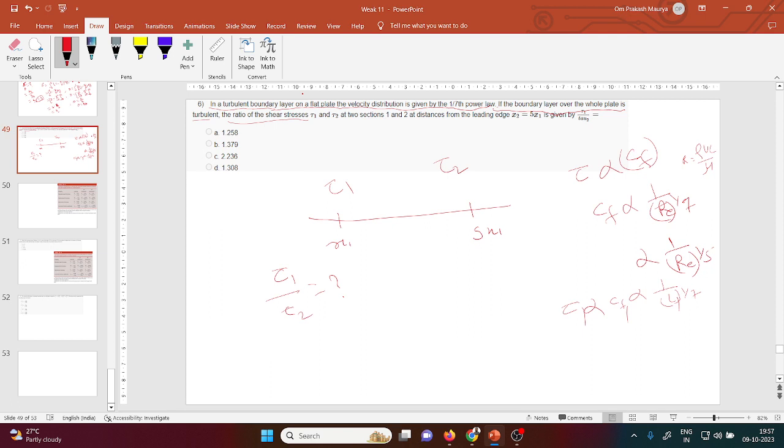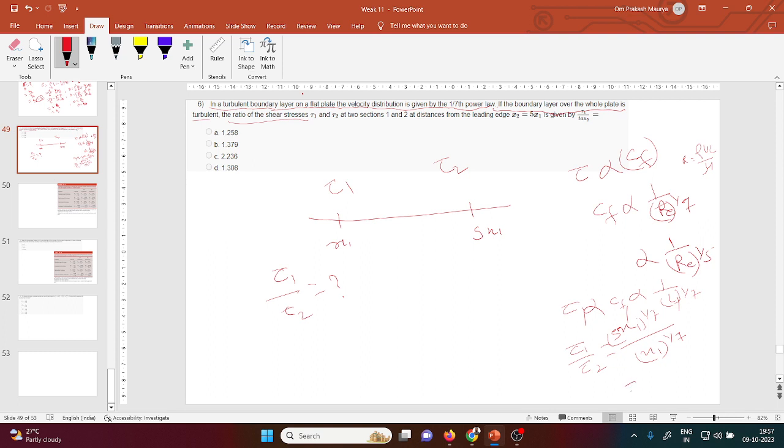So if you solve these, tau 1 by tau 2 is nothing but x1 to the power 1 by 7 divided by 5 x1 to the power 1 by 7, taking the shorter length in the numerator.